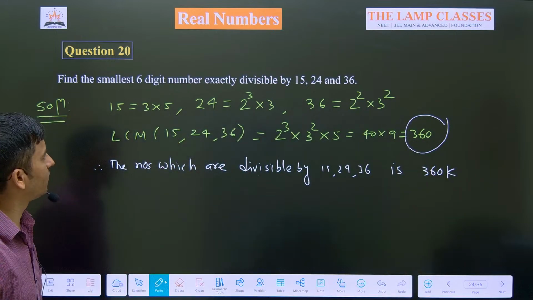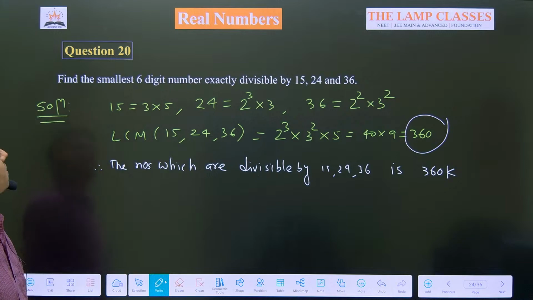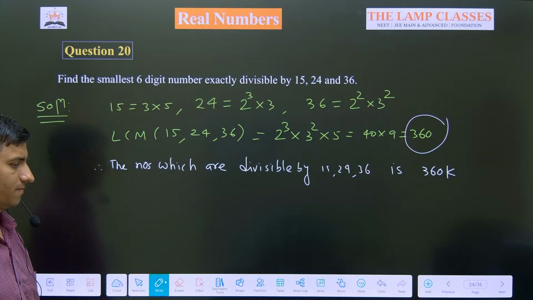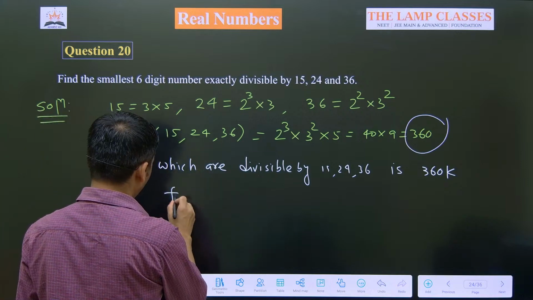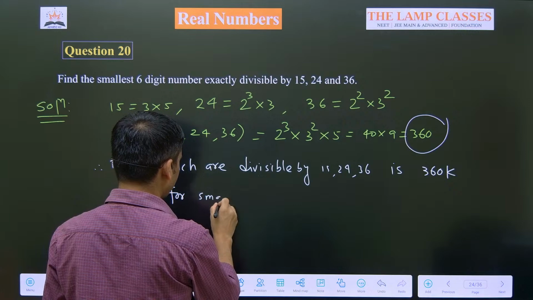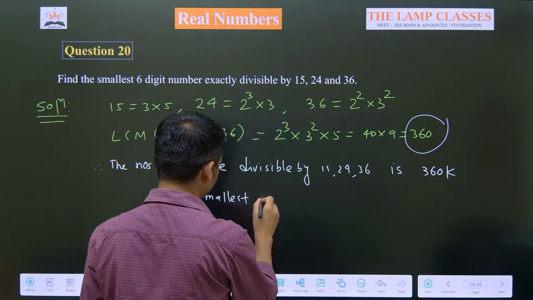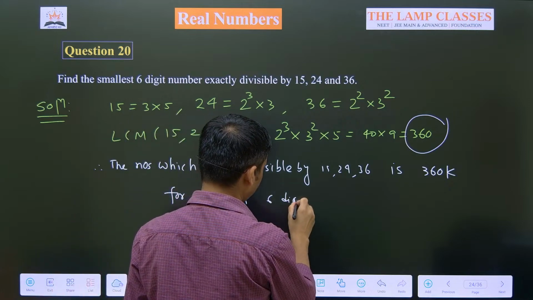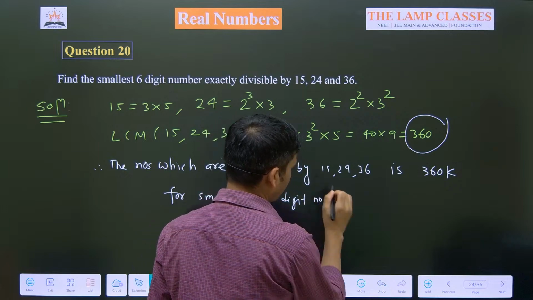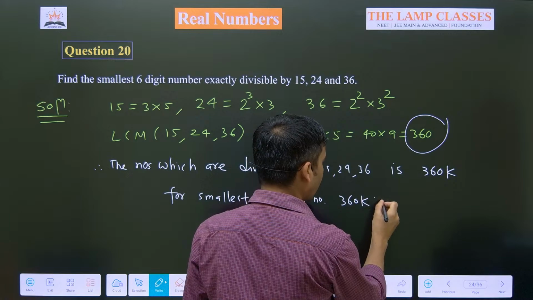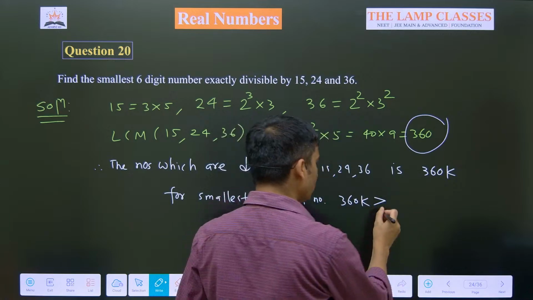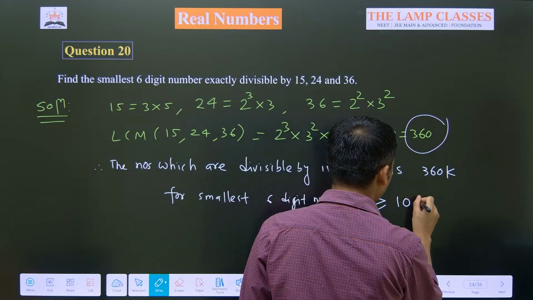And since we want the smallest 6-digit number, can we say that for the smallest 6-digit number, 360 times k must be greater than or equal to the smallest 6-digit number?